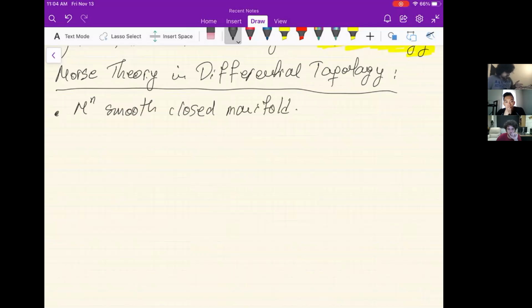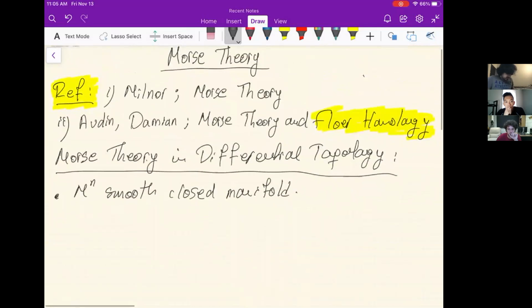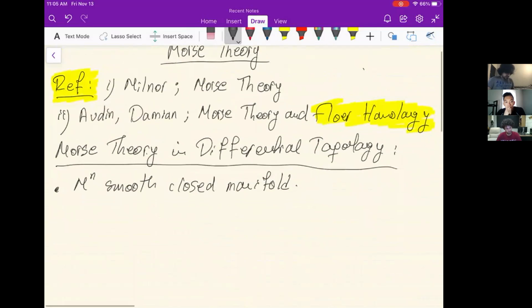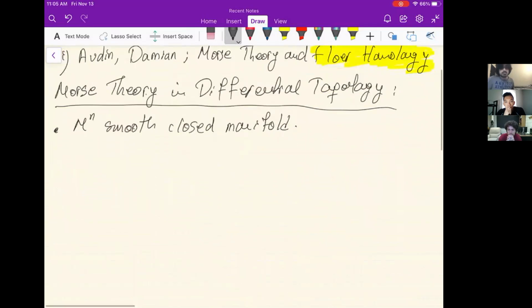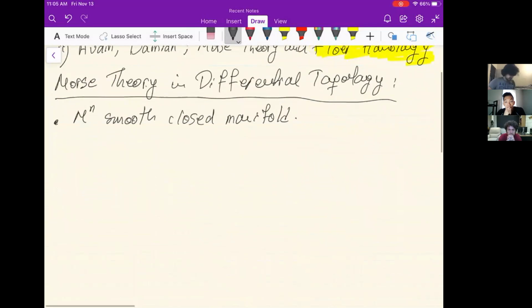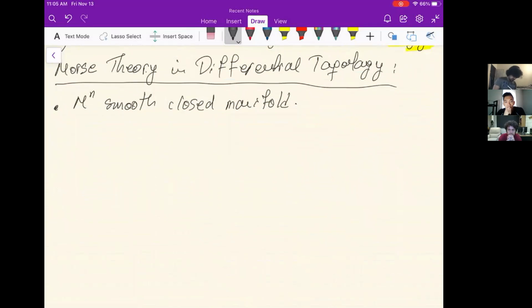Obviously n is finite, but towards the end I will try to convince you that the big picture of the constructions we've done can be done for infinite dimensional manifolds, and not necessarily closed ones, with boundaries and so on. And the second object that I need is a smooth real valued function.